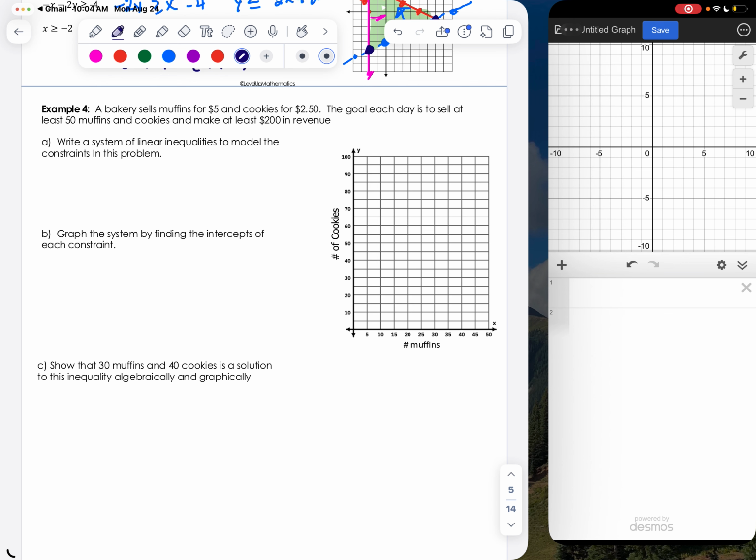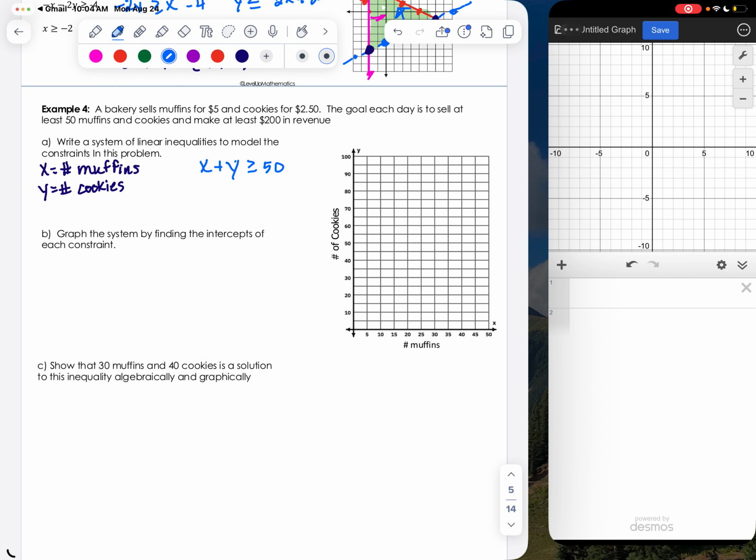So we know if we let x equal the number of muffins and we let y equal the number of cookies, then the number of muffins plus the number of cookies, they want that to be at least, so greater than or equal to 50 items.